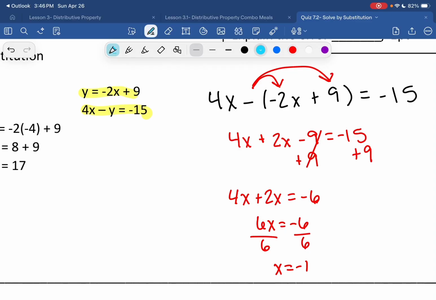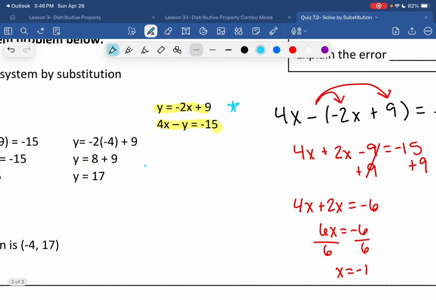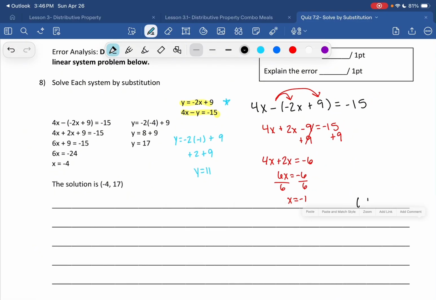Okay, I'm going to plug that value into this equation that says y equals. So now I have y equals negative 2 times negative 1 plus 9. A negative times a negative is a positive, so plus 2 plus 9, y equals 11. So the correct answer is negative 1, 11.